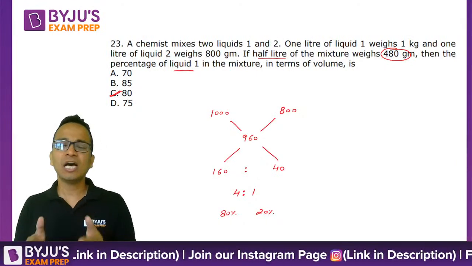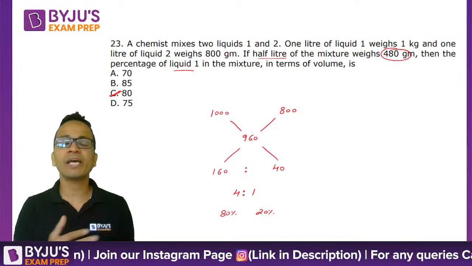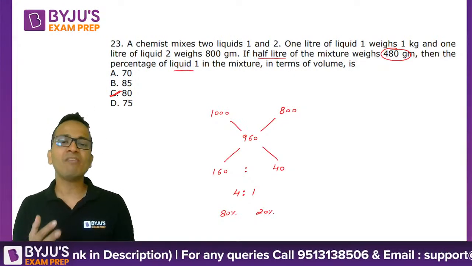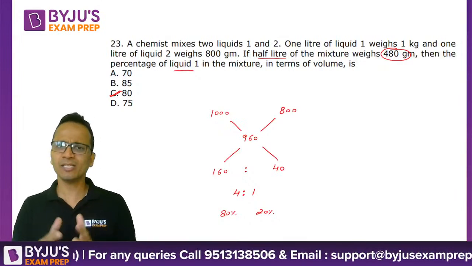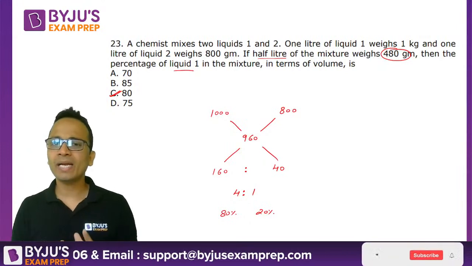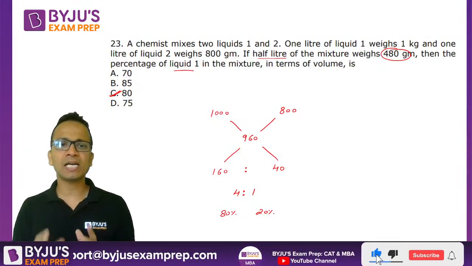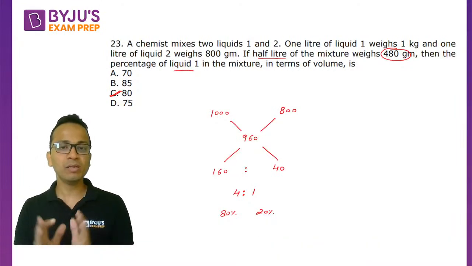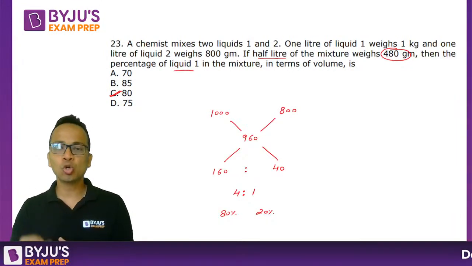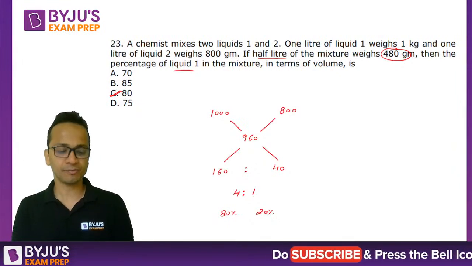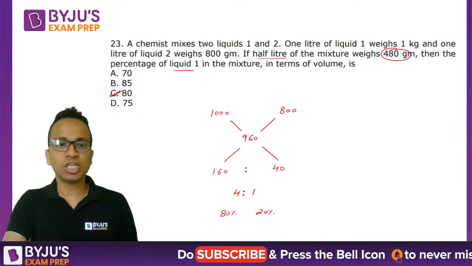If you are clear with averages and weighted averages, Ankita and other students, then you can spend one entire day, 5 to 6 hours, on mixtures and alligations, and believe me, you will be good in this topic after spending 4 to 5 hours on it. Okay, all right, let's move ahead.